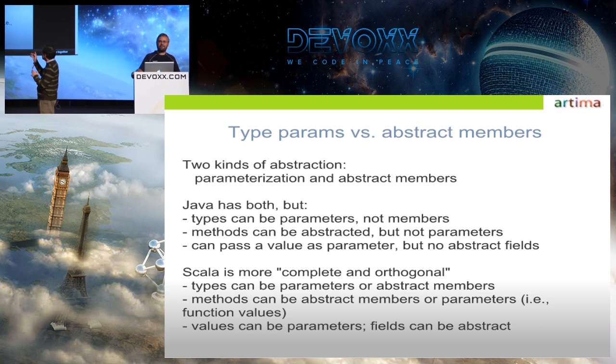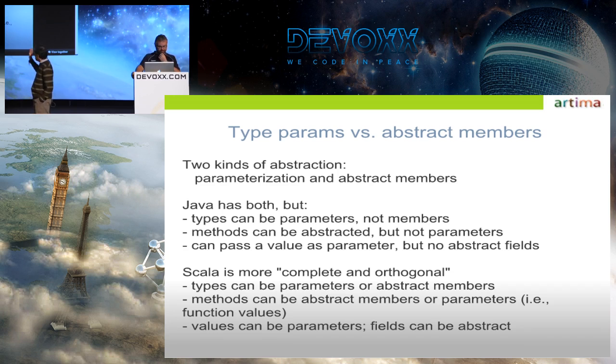In Java, for example, it's not that way. Types can be parameters but not members. Methods can be abstracted over but not parameters until Java 8 or whatever it is that gets lambdas. And then you can pass a value as a parameter, but you can't have abstract fields. So in Java. In Scala, you can have both for all of those things.